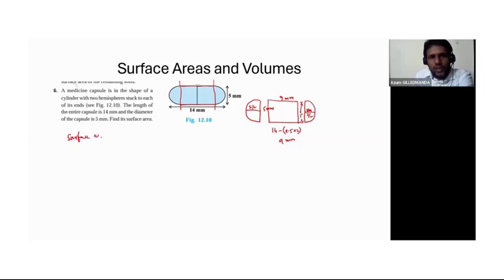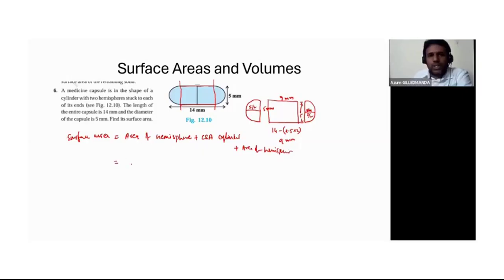So the total surface area equals area of hemisphere plus CSA, curved surface area of cylinder. TSA or CSA, both are same for hemisphere. So you can write just area of hemisphere, because I have two hemispheres.